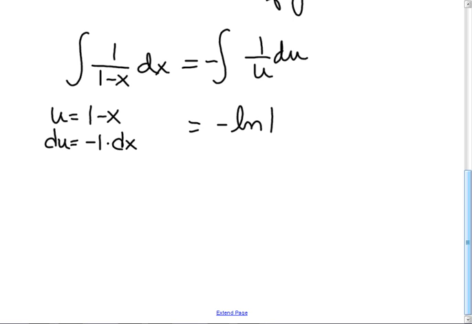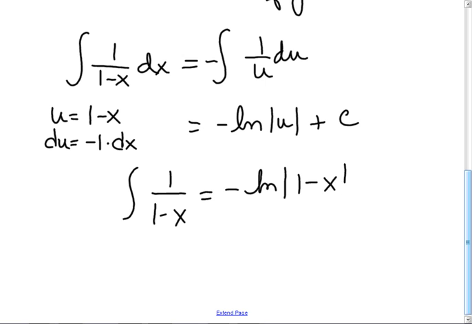Absolute value, plus c. You have to put the c's in. Okay, Kevin? That's good. So the integral, guys, is equal to negative log of the absolute value of 1 minus x. What's true here?